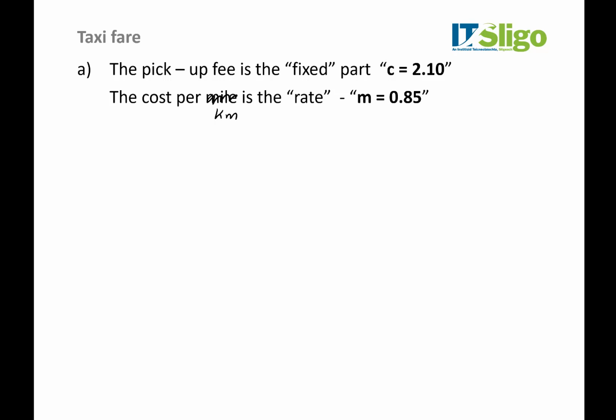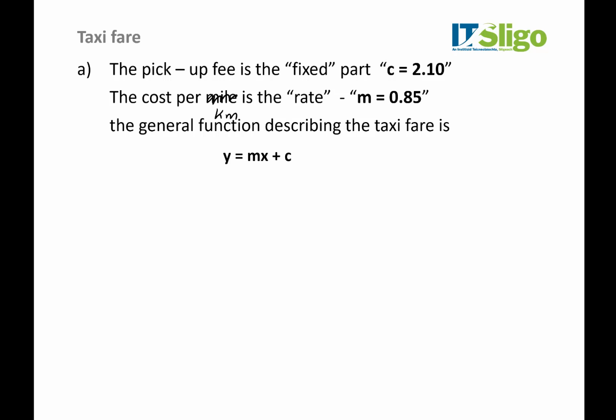It is 0.85. And the general function describing the taxi fare is, remember, y is equal to mx plus c. So there's my slope, there's my fixed bit, and finally, guys, x is the kilometers driven. So we're going to replace x with km, and we're going to replace y with the fare.